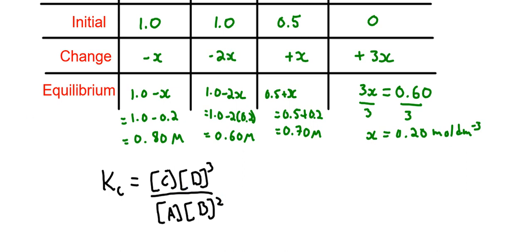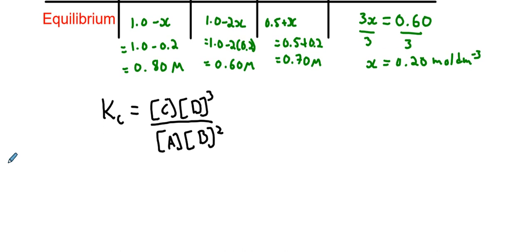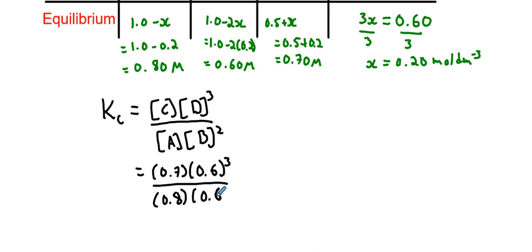Okay? And now we can substitute in our values. So the concentration of C is 0.7. The concentration of D was 0.6. That was given to us at the start of the question. That's cubed. All over the concentration of A, which is 0.8, and the concentration of B, which is 0.6. And now we can solve. There is some simplification with 0.6 squared.